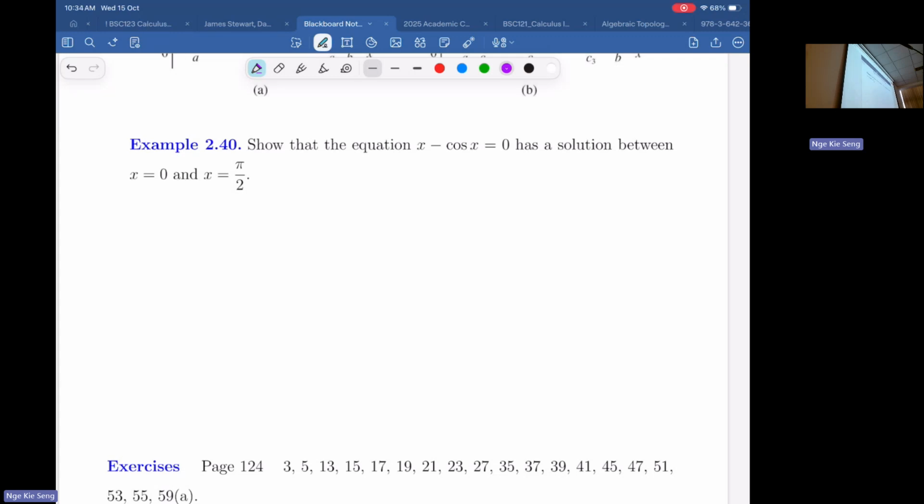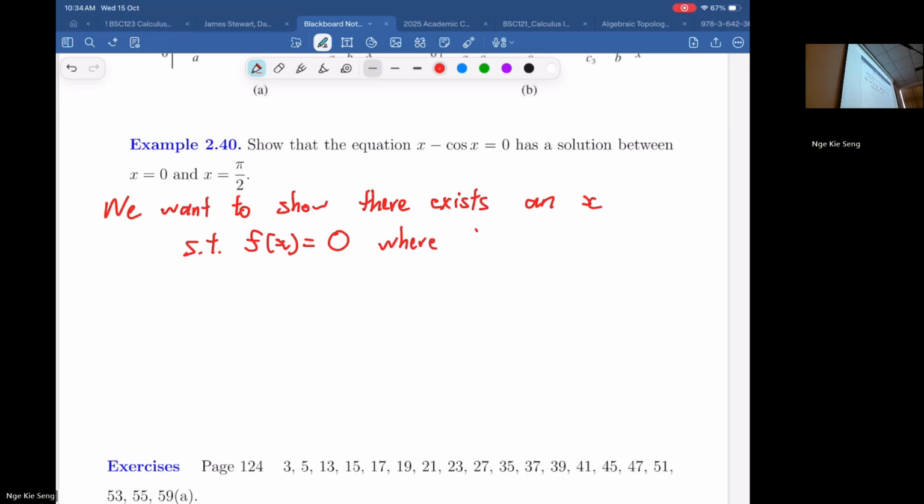Another way to put it is we want to show that there exists an x such that f(x) equals 0, where f(x) equals x minus cos x. So we put it in a more familiar form for our function theory.